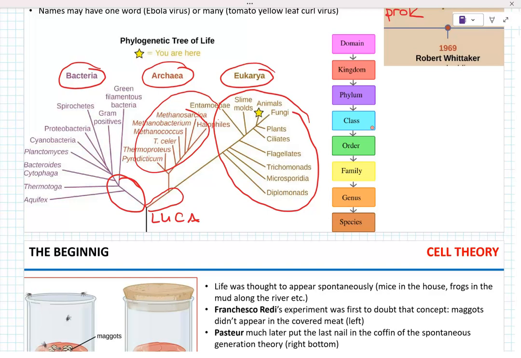Paradoxically, eukaryotic organisms are closer to archaea than both of them are to bacteria. Effectively, archaea and eukaryotes are brother and sister, while bacteria is their cousin. We doing all right so far?